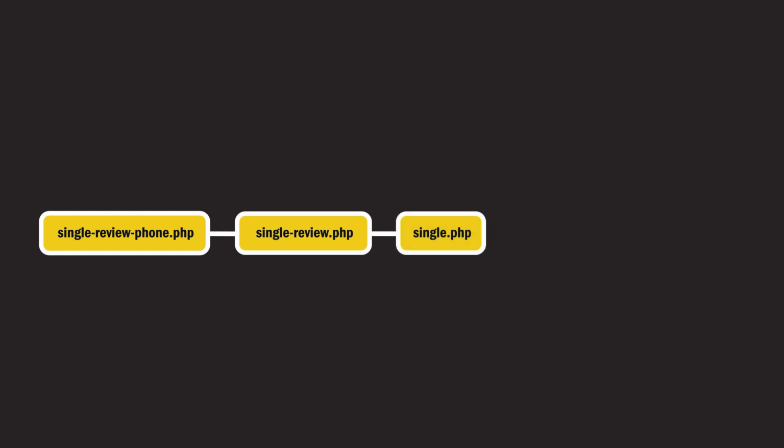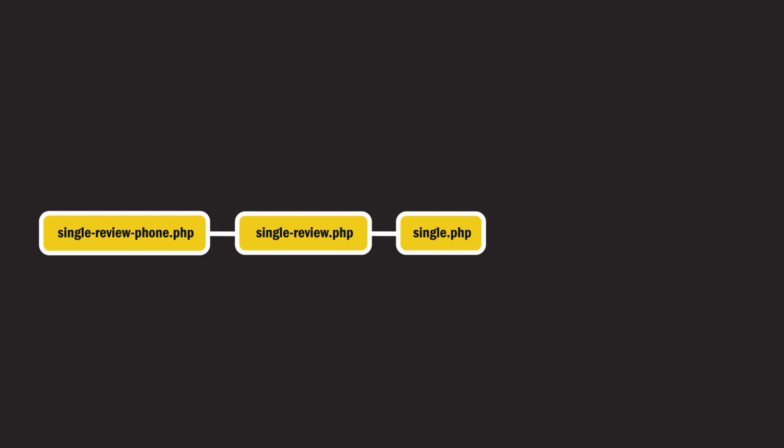If this template file does not exist, WordPress will fall back to the next template file. WordPress will then check if there is a template file to display the specific post type. For example, if the post type is review, then WordPress will look for the single-review.php file. And if WordPress still couldn't find this template file, it falls back to the next template file.